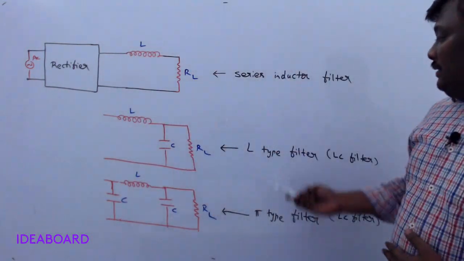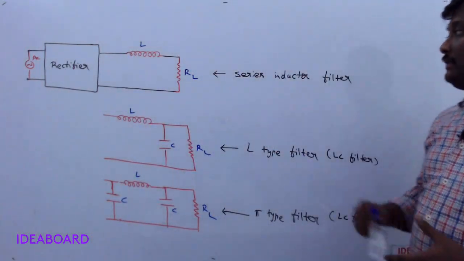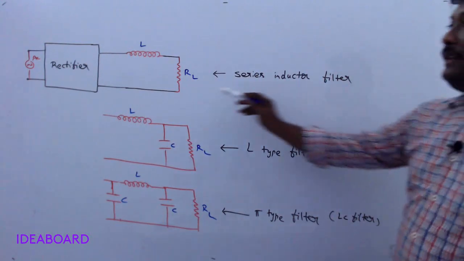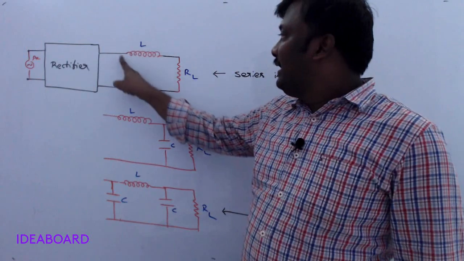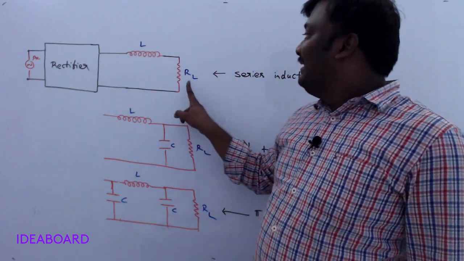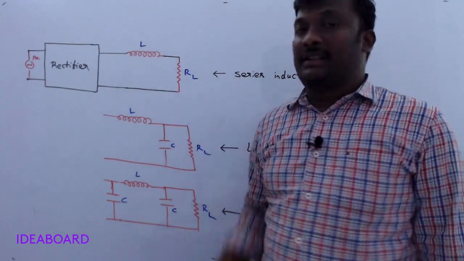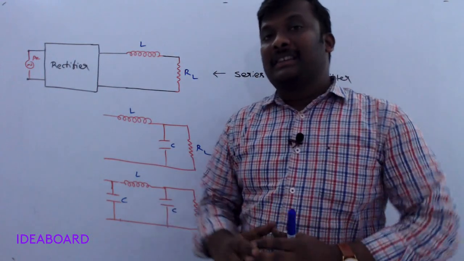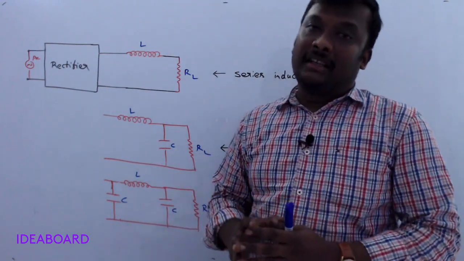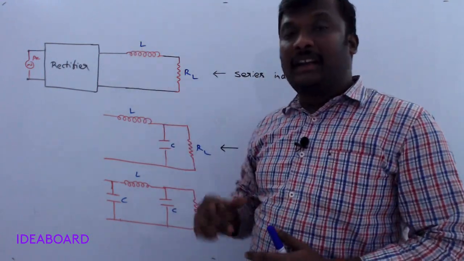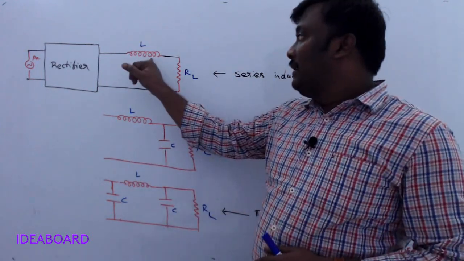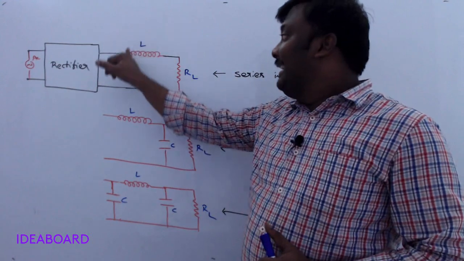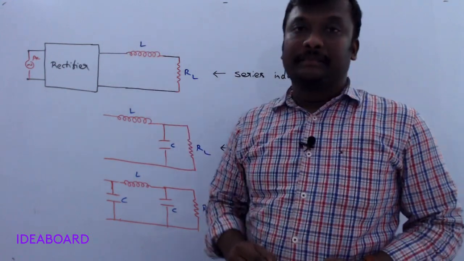Another type of filter is the series inductor filter. In the series inductor filter, we connect one inductor in series with the load resistor. Previously, in the shunt capacitor filter, the capacitor was connected in parallel, but now we connect an inductor in series.